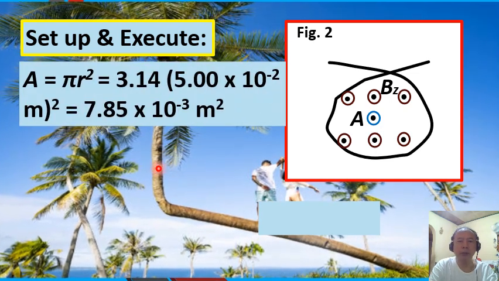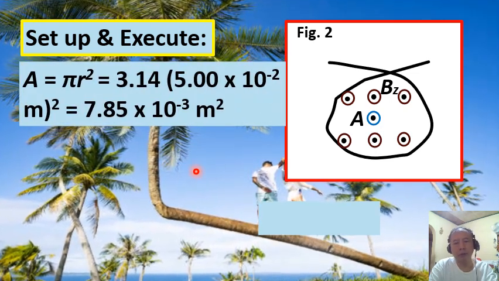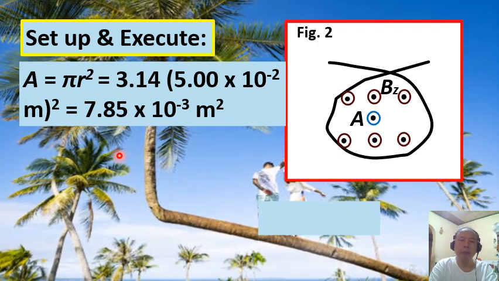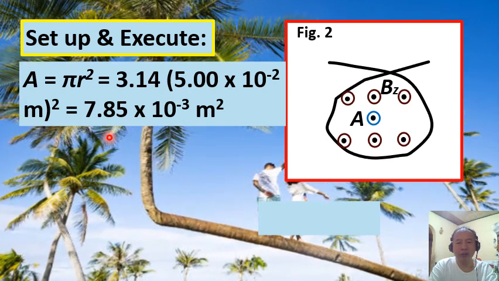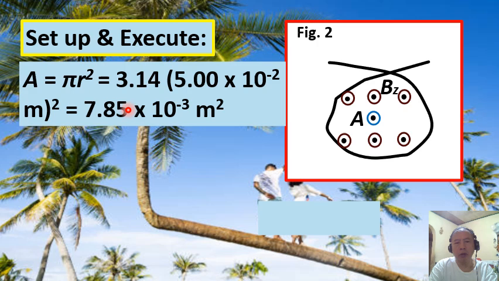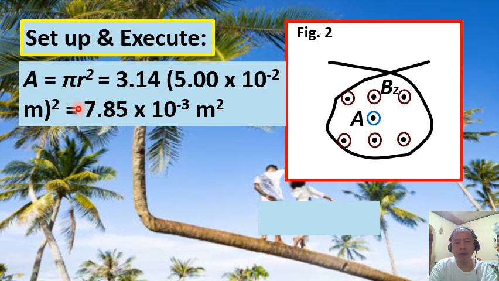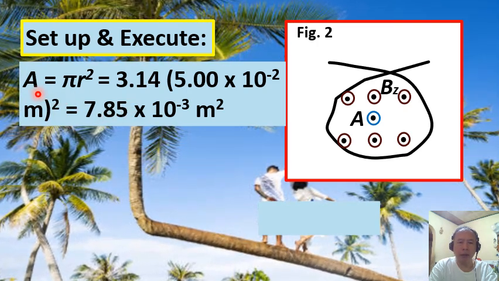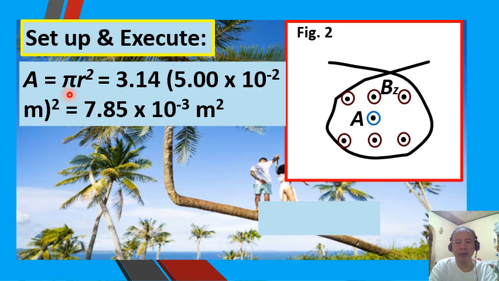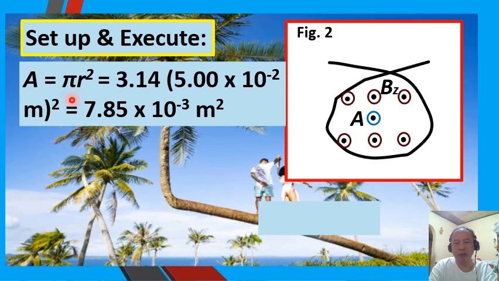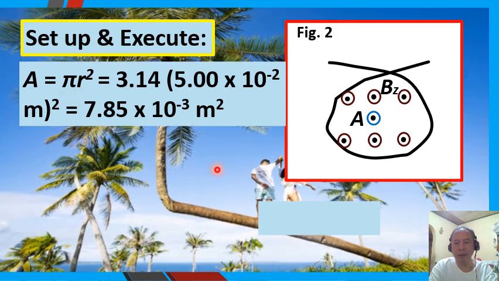Before going into the computations of our main questions, we first compute the magnitude of the area vector A, or that is the cross-sectional area of the coil.